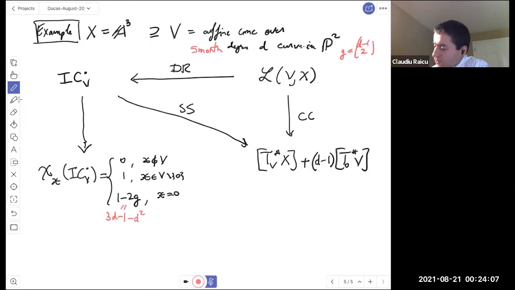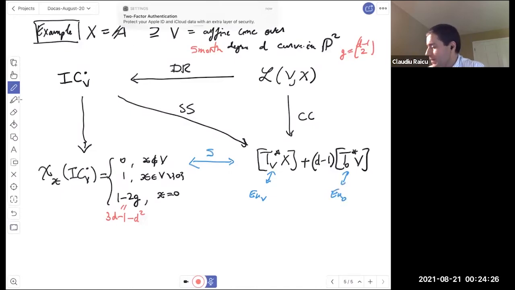All right, and then there's supposed to be this other correspondence S, where this guy corresponds to the Euler obstruction function on V, and this guy corresponds to the Euler obstruction function at 0.